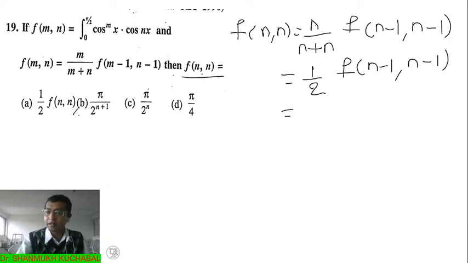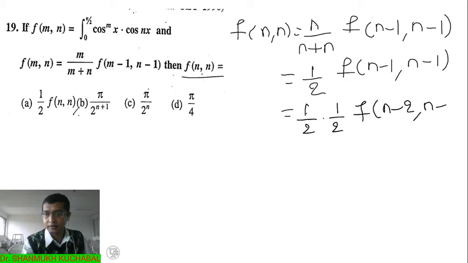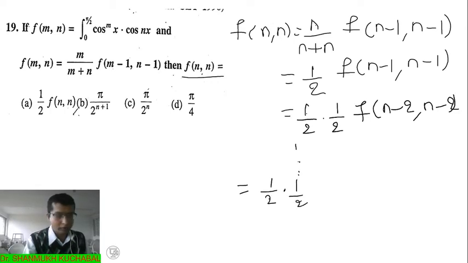Further we decrease it, so we get once again 1 by 2 into 1 by 2 f of n minus 2 comma n minus 2. Further continuing this process, we get 1 by 2, 1 by 2, and so on. So finally we get n minus 1, n minus 2, like that.